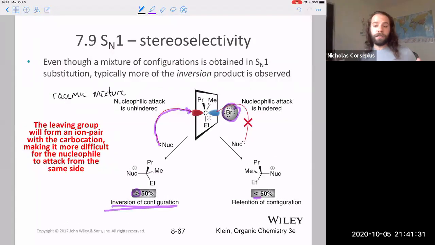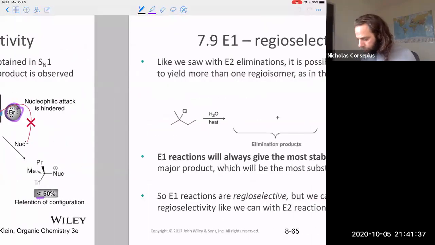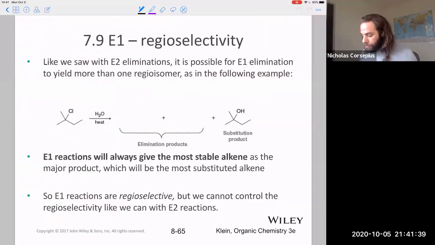So luckily not as big of a pain as it is with the SN2 reactions, and especially the E2 reactions are a pain. So then when we go to the elimination product, the whole shtick is that we go through that carbocation intermediate, which means that we don't have the same consideration as for the E2, where it was very specific as to how the hydrogen had to get positioned on the beta carbon to be lost.